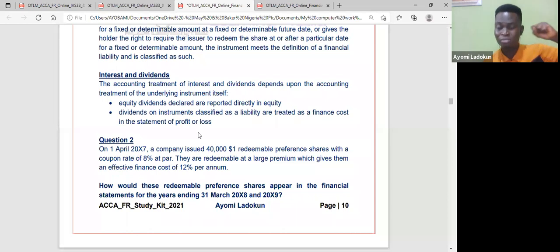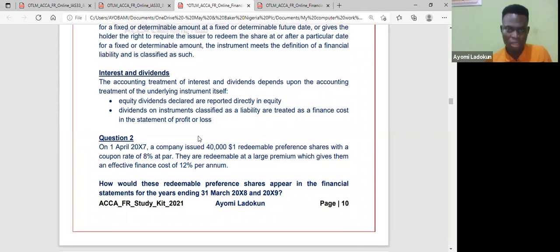Dividend can come from preference shares, and even interest is the same. So if I have equity dividend declared, I take it within my equity. Then dividends on instruments that I classify as a liability, I treat as finance cost in my statement of profit or loss account.